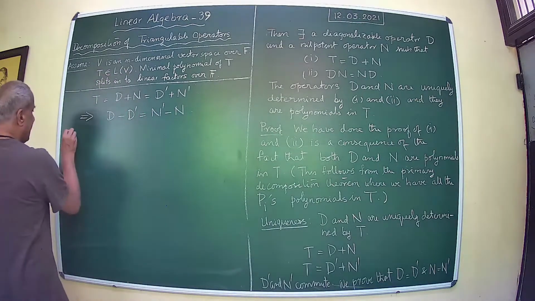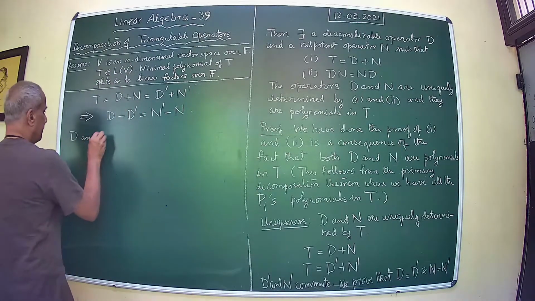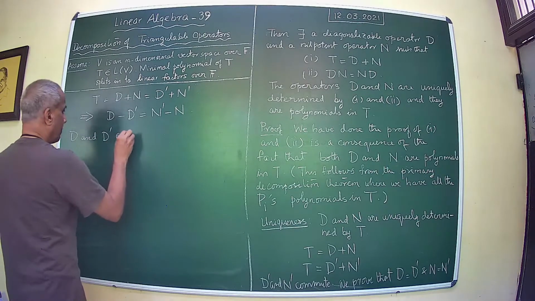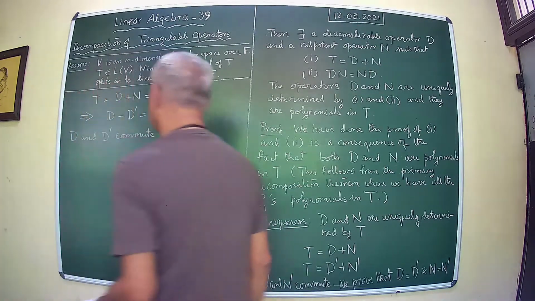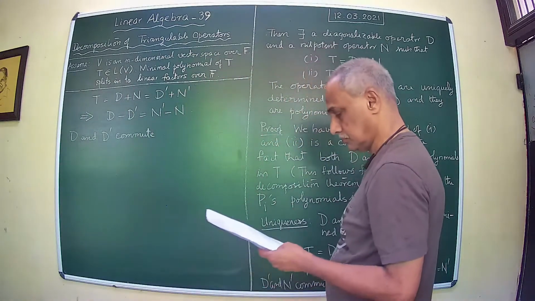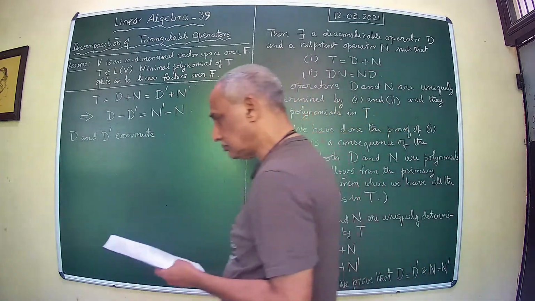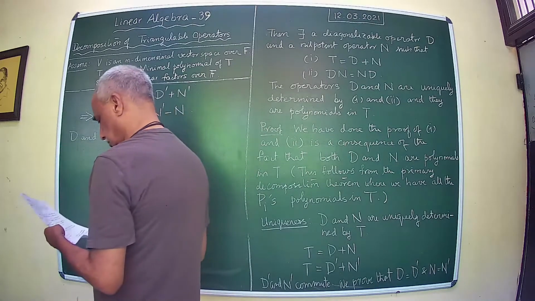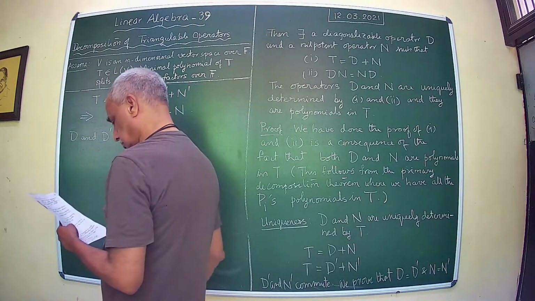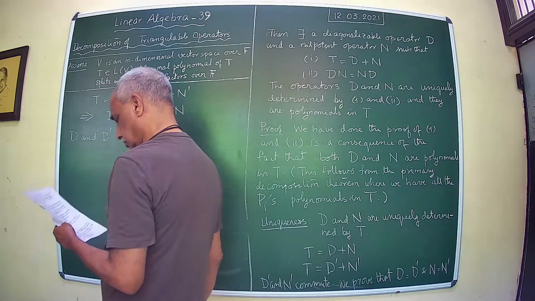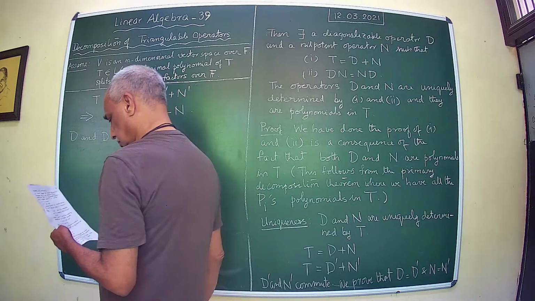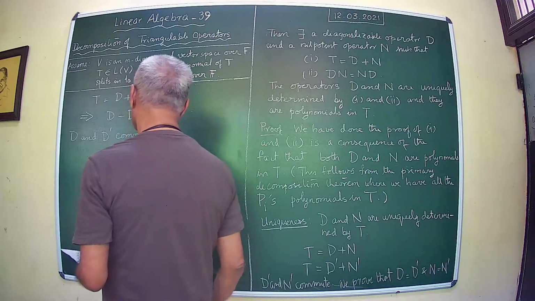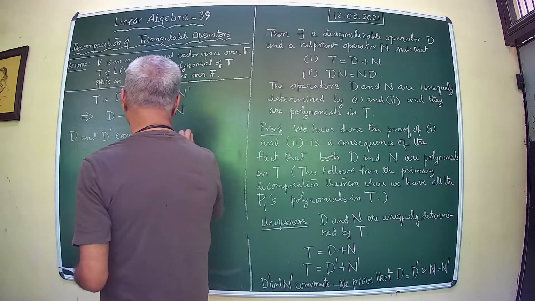So D and D prime commute and are diagonalizable.